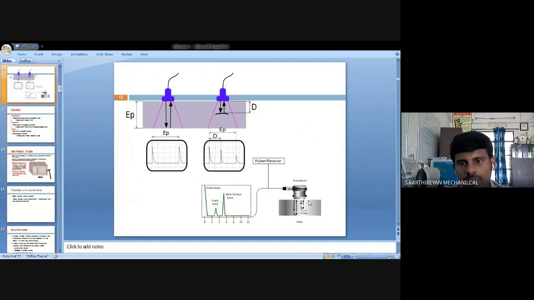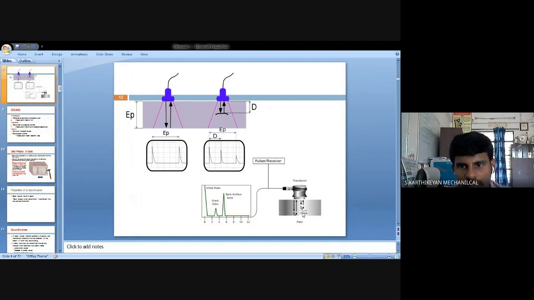Then we move the transducer to the next part of the workpiece and transmit the signal from here to here. Once the crack is found, we get a crack echo here, right?